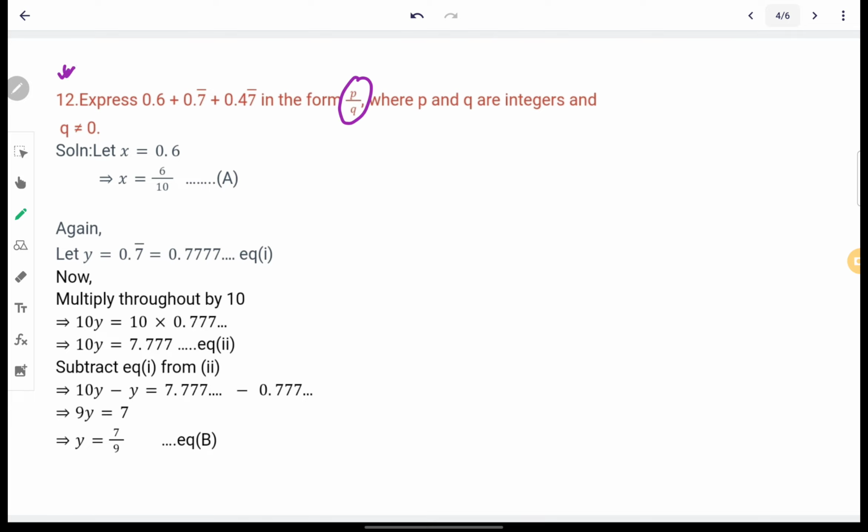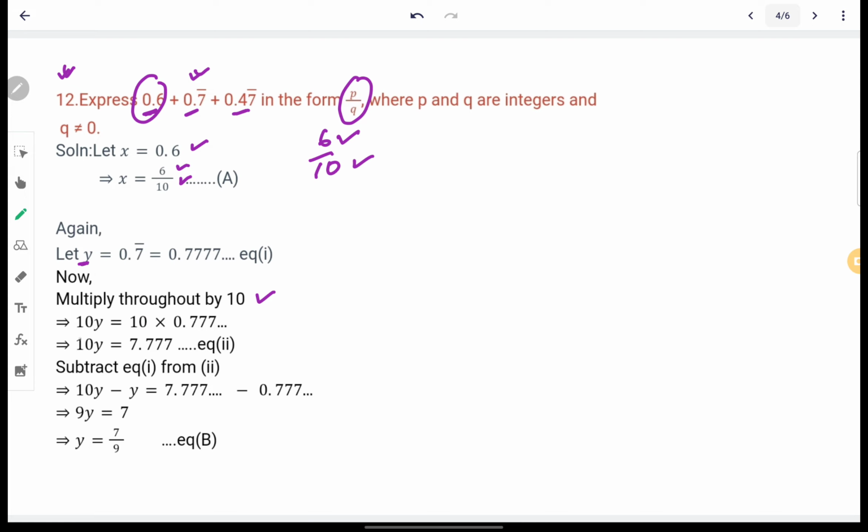Now let's go to the next, 0.7 bar. You can see that one number is repeating, right? After the decimal point, 7 is repeating. So we will multiply by 10. I'm taking this to be equal to y. So if I multiply by 10, this is going to become 10y, and then multiply these two, we're going to get 7.777 again. So once again, like how we've been doing previously, we'll subtract both of them.